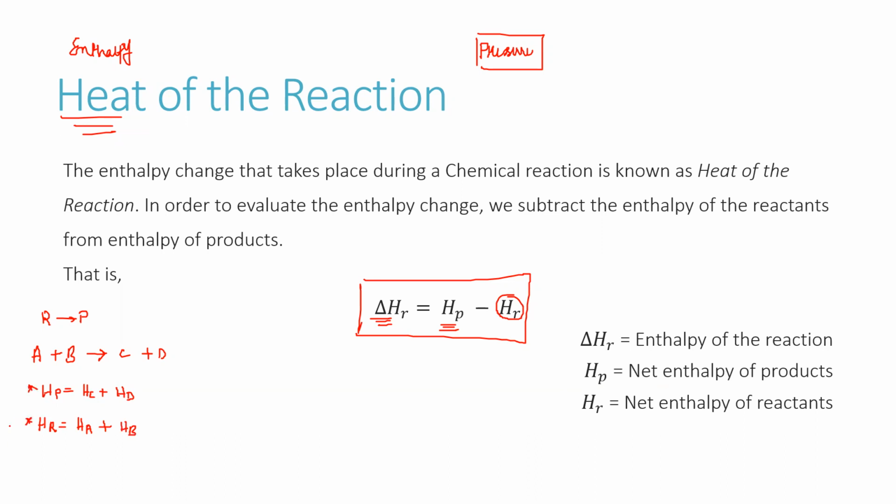These are basically calculated from the reaction. And finally, we'll have the heat of the reaction, which is delta HR, equal to enthalpy of products minus enthalpy of reactants, which is equal to HC plus HD, which is products, minus HA plus HB, which is the enthalpy of the reactants. All right, so that's how you calculate the heat of the reaction.